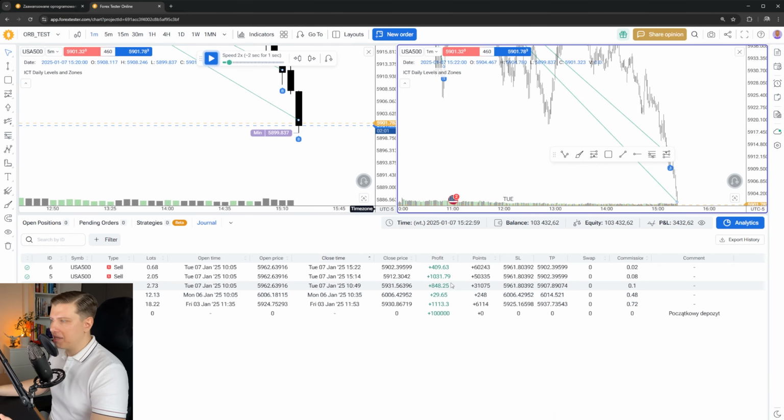And from my experience, I will tell you that with this type of ORB, when we have this type of candle that is almost a whole range of the ORB, it indicates for me that this could be a ranging day, this could be an accumulation day.